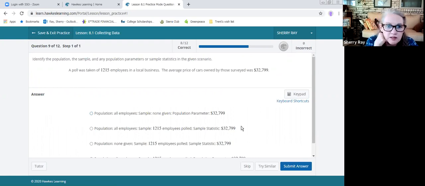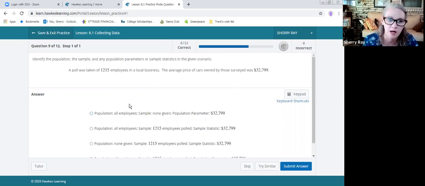And then on this one, you have to find the population, sample, and parameter or statistic. So the difference between a parameter and a sample statistic is a parameter talks about the entire population, where the sample statistic is talking about the particular sample from that population. Here we have a poll of employees.